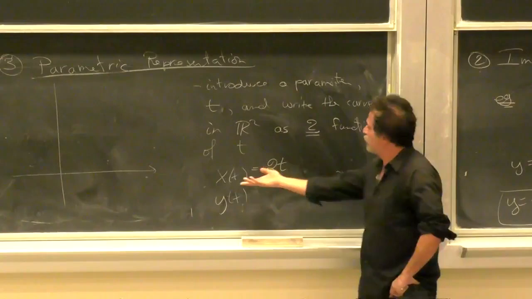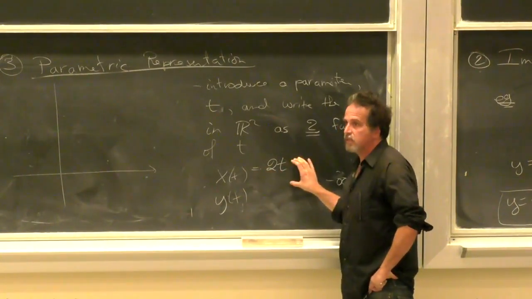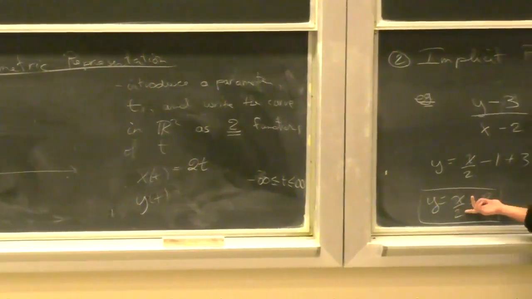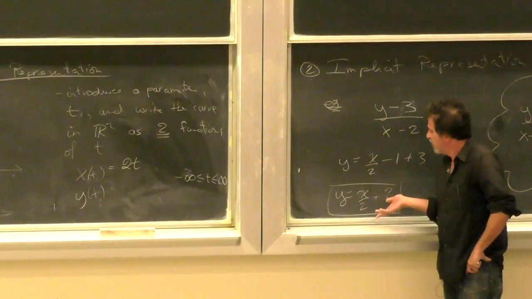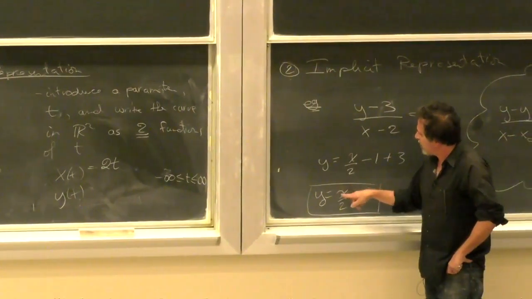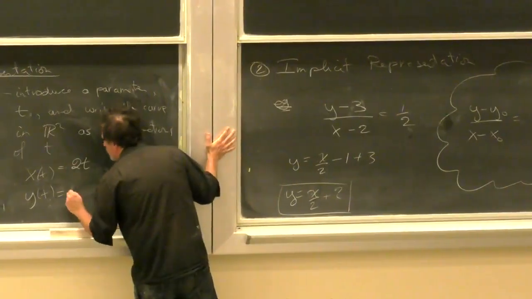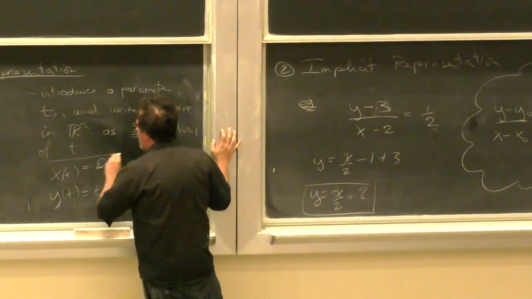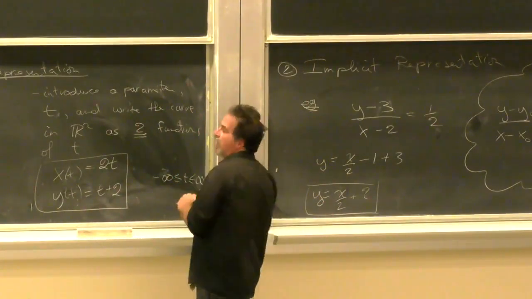If x equals 2t, I substitute it back into the explicit or implicit representation, whatever I've got. In this case, I've got an explicit one. And I recognize that if x equals 2t, y is equal to t plus 2. And so this is a parametric representation of that line.